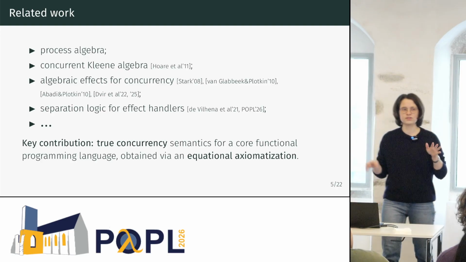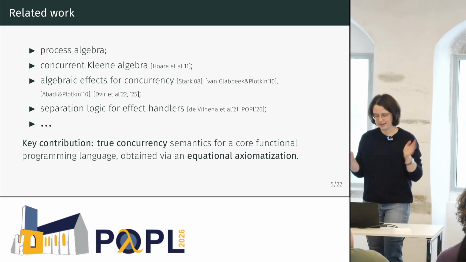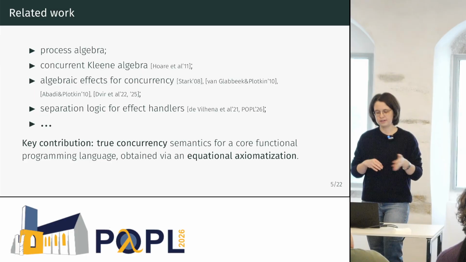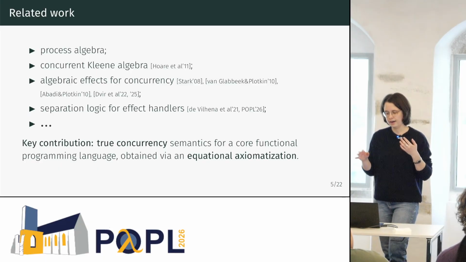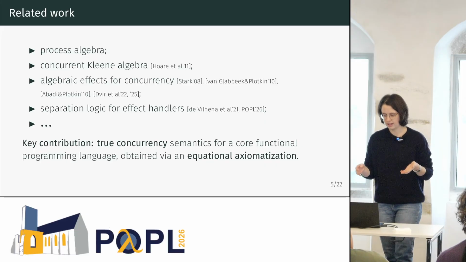Of course, there's a lot of related work on concurrency, which I can't put on a single slide. There's work in process algebra, in concurrent Kleene algebra. Other people have already used algebraic effects to model concurrency.